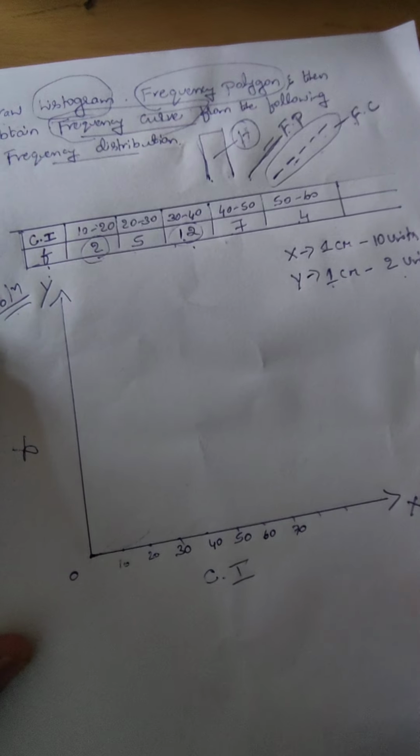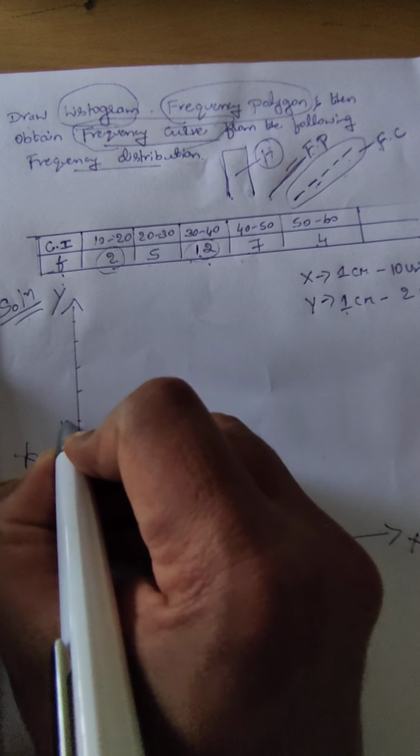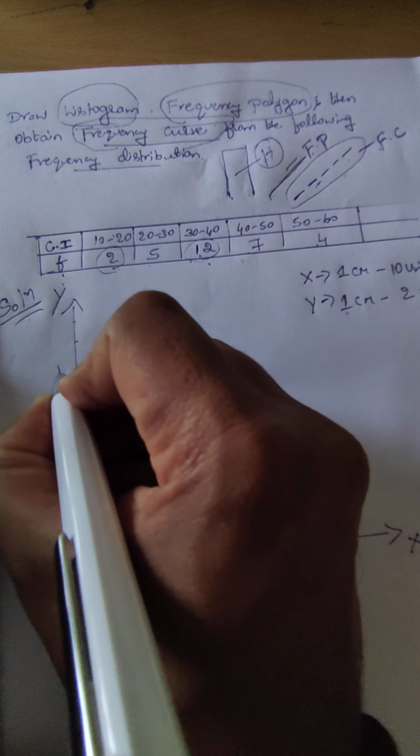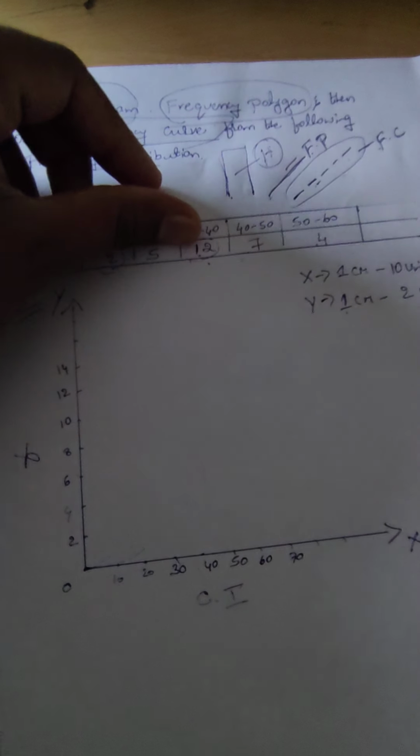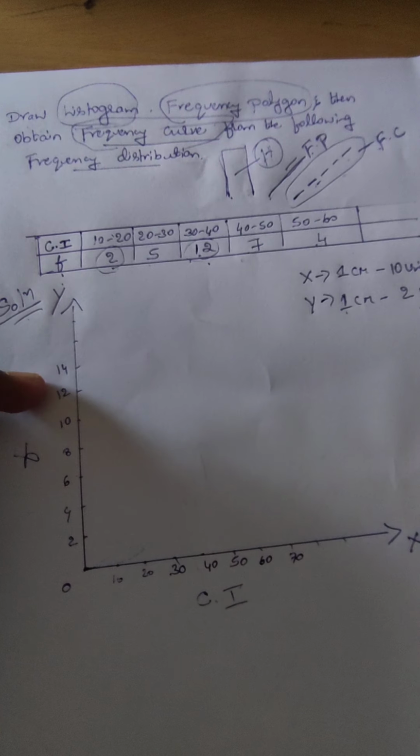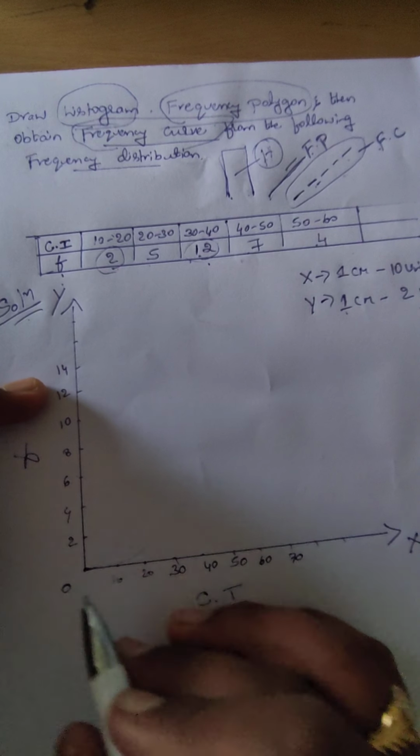Next, on the y axis, 1 centimeter equals 2 units: 2, 4, 6, 8, 10, 12, 14. 14 is enough because the maximum is 12, so all the values will be covered within 14.